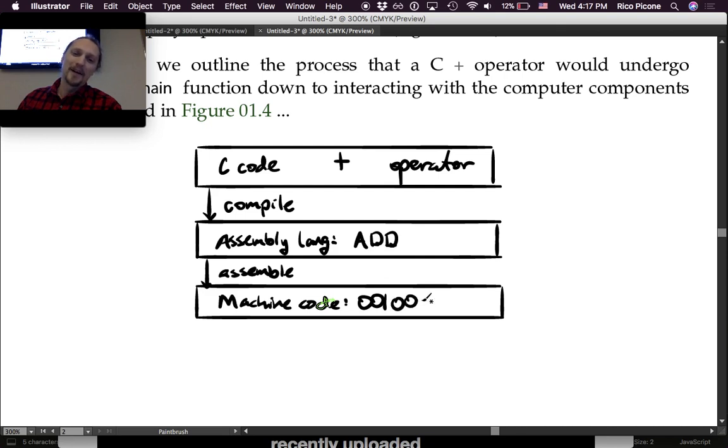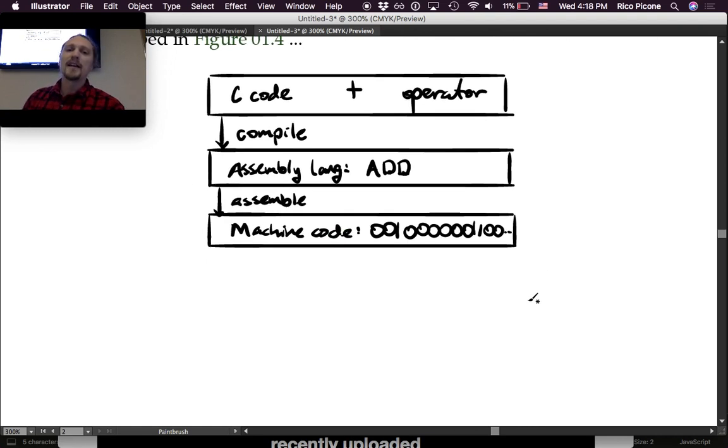But it's going to be 16 bits long. It's going to be a binary number, 16-bit for our processor. So that is the level it got down to.